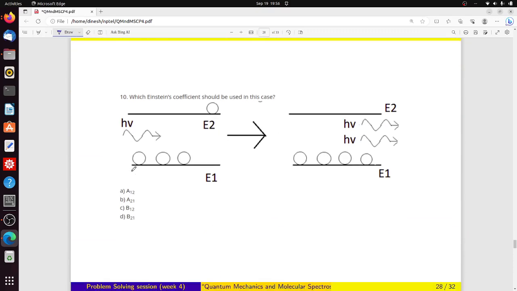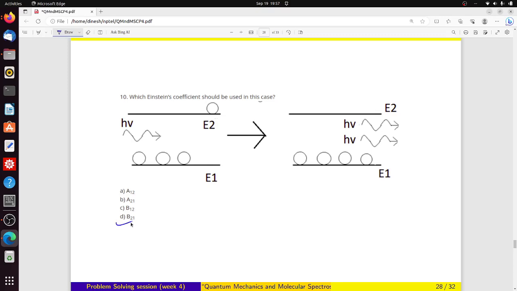Which Einstein coefficient should be used in this case? Okay, there is a picture. You check it and tell me which Einstein coefficient should be used here and what kind of process this is. Sir, B21.